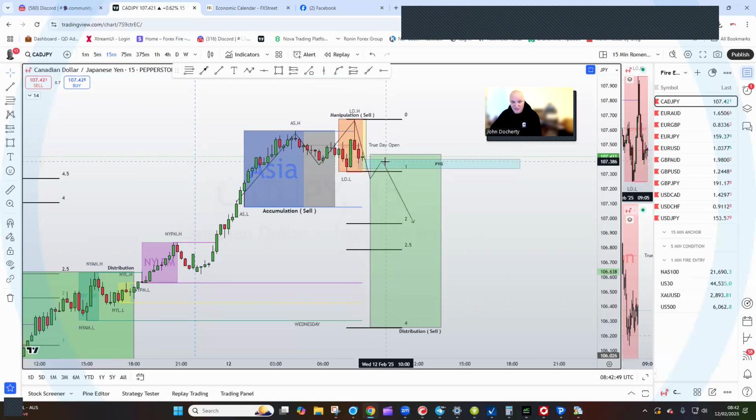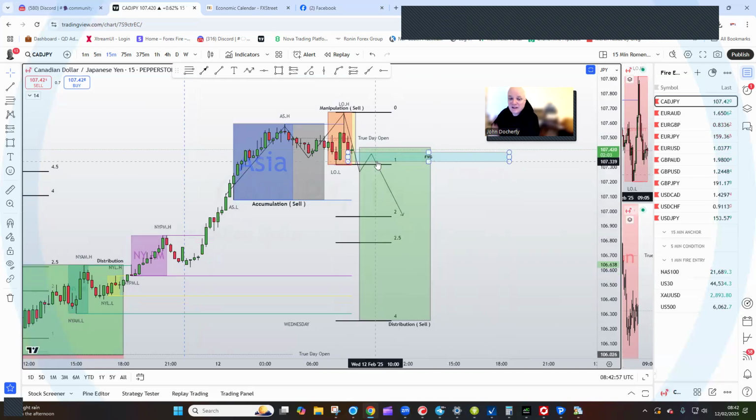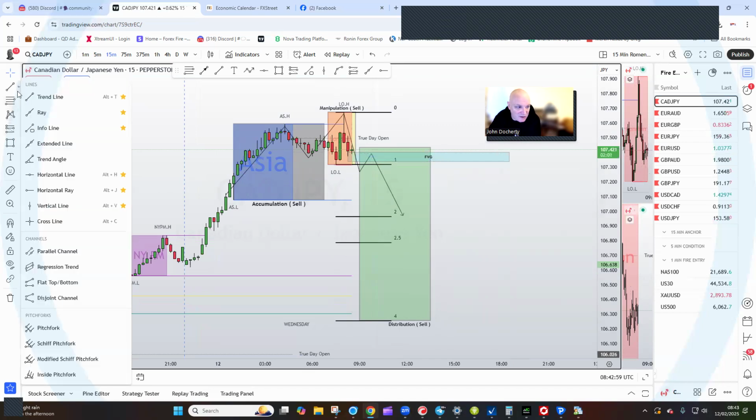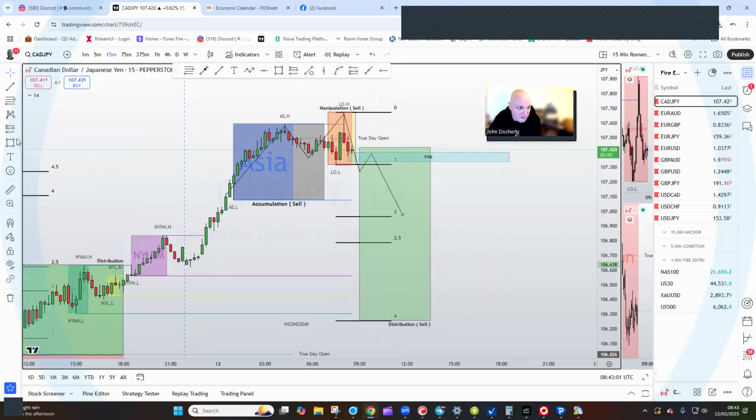Hopefully it leaves an FVG behind, and then we go to one of these deviations, either the 2, the 2.5, or the 4. I'm just going to leave that. It doesn't mean price is actually going to come in and deliver that.